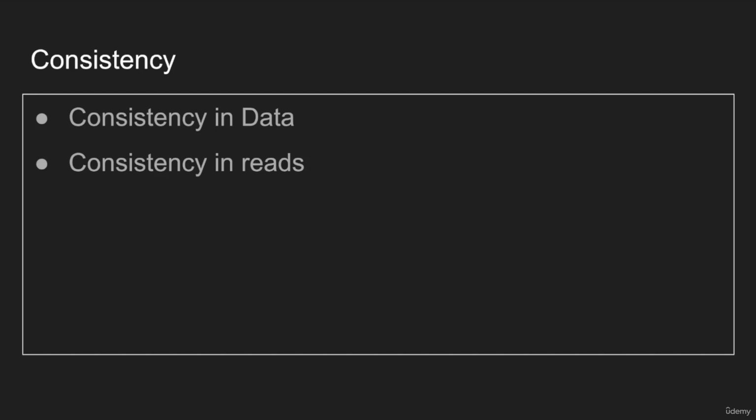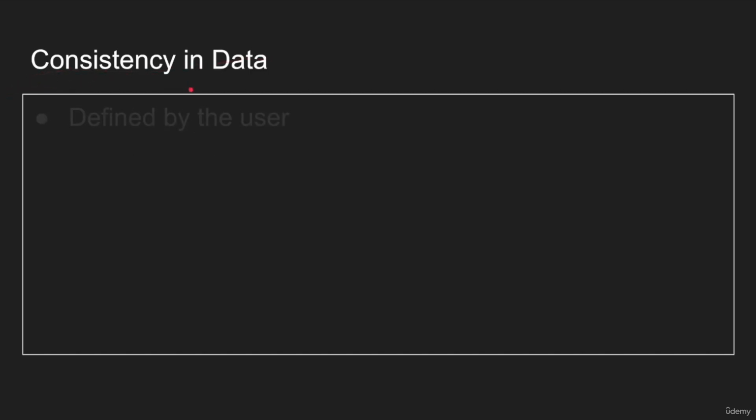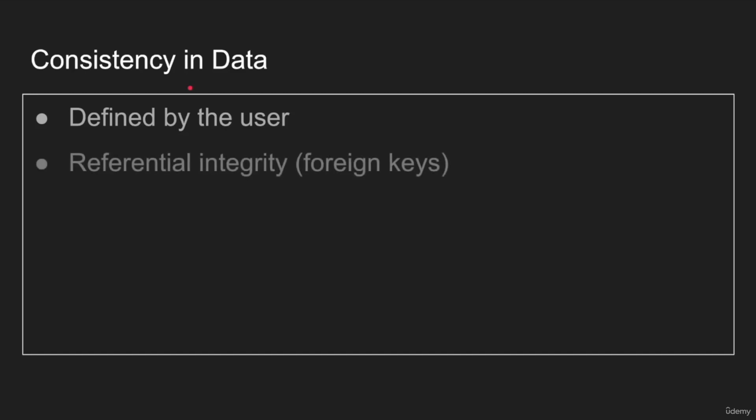And let's take some examples. So let's talk about consistency in data. This is really defined by the user. This is something that the user defines, and by the user I mean the DBA really, or whoever builds out the data model in the database. And most of the time it comes down to enforcing referential integrity and foreign keys in the database.